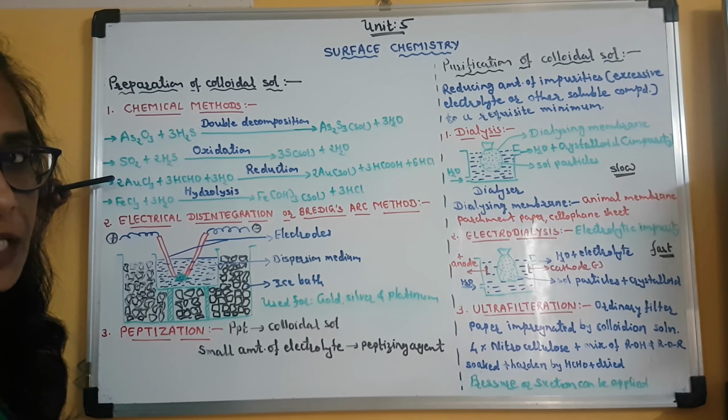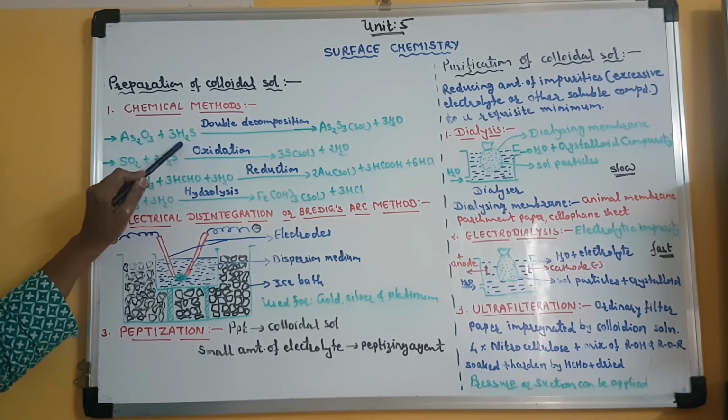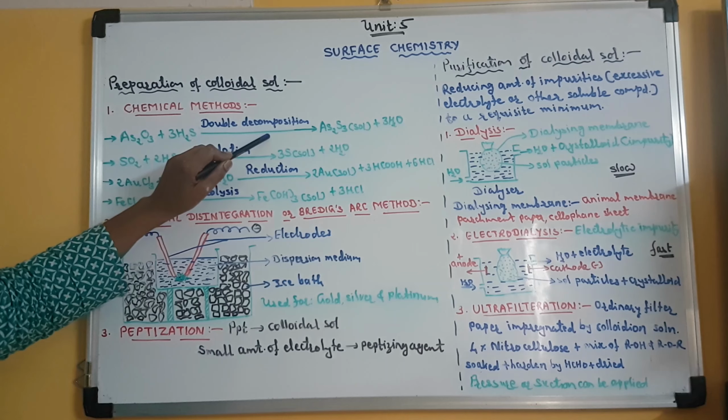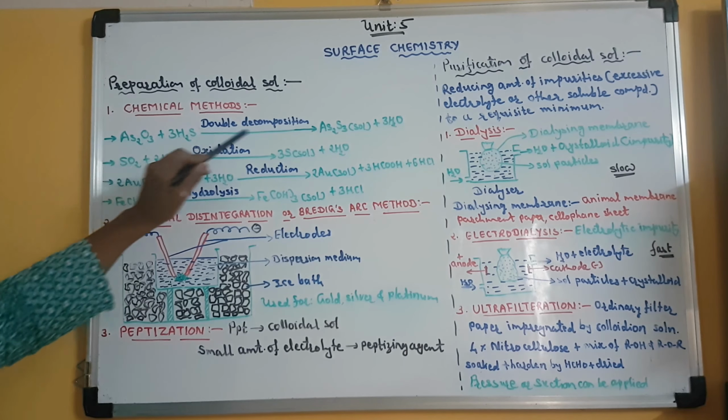So here in chemical methods, the first method is double decomposition. Example is arsenic oxide. When it is reacted with hydrogen sulfide and double decomposition is carried out, then arsenic oxide is converted into arsenic sulfide, and this sulfide is called a sol. Clear? The second method is oxidation, in which sulfur dioxide is reacted with hydrogen sulfide, so a sulfur sol is prepared.